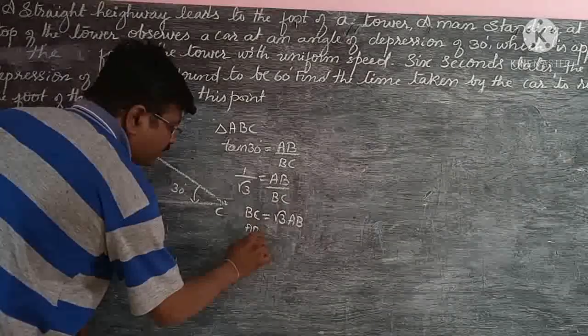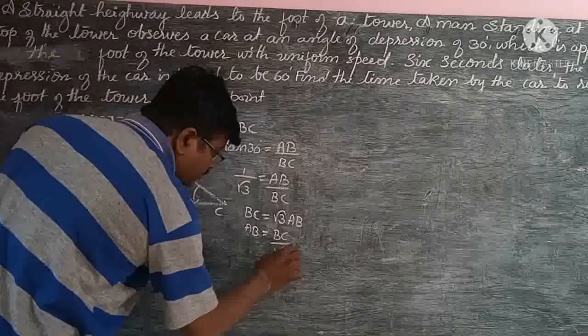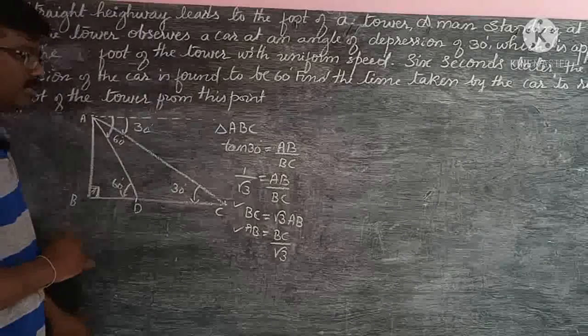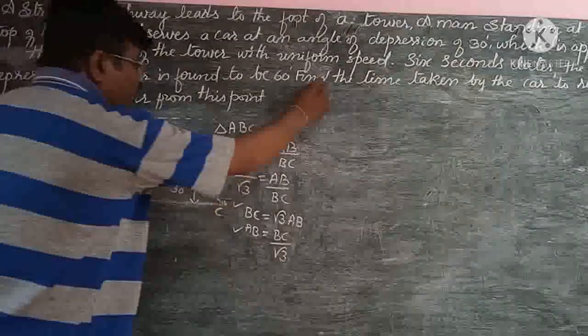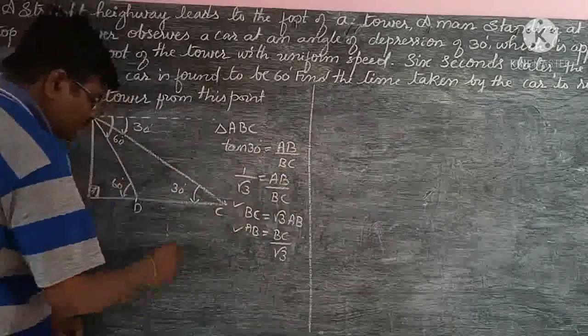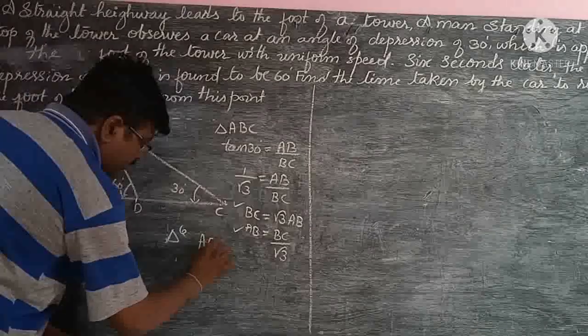Also AB can be written as BC divided by root 3, we are also right. Either one you can take. So make this equation 1. After making the equations we can substitute, so mark equation 1 and 2. Clear? The next one is another triangle, triangle ABD.